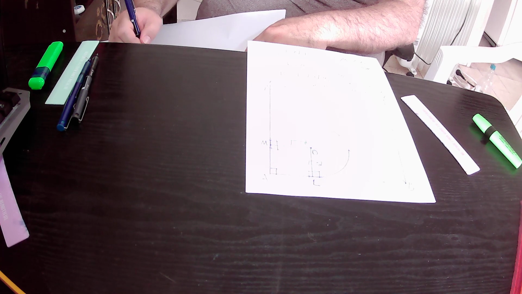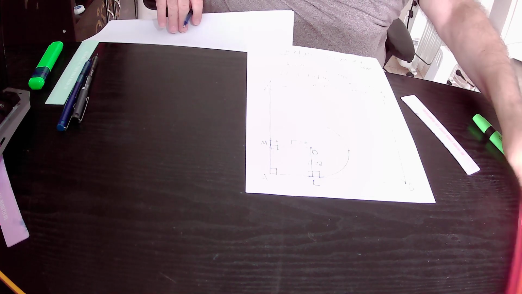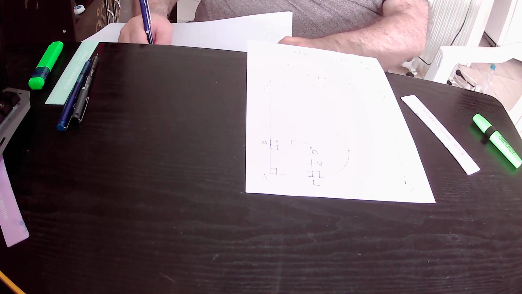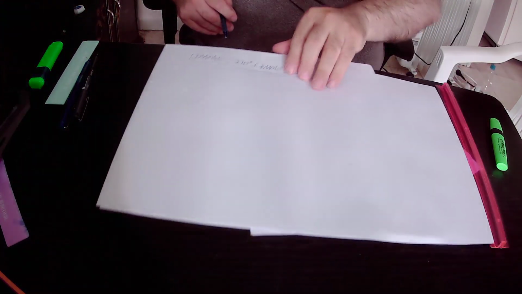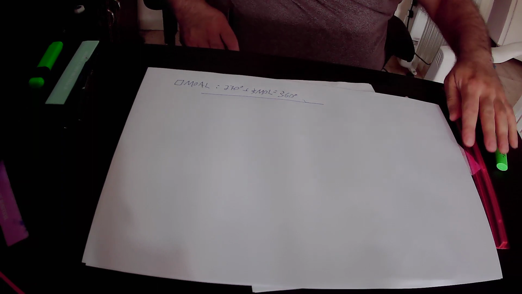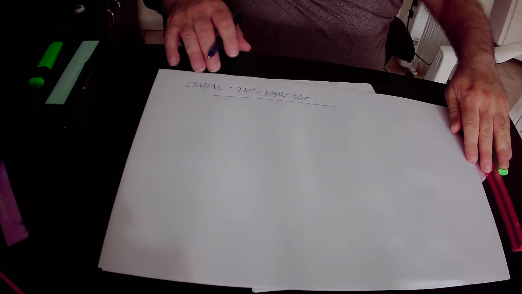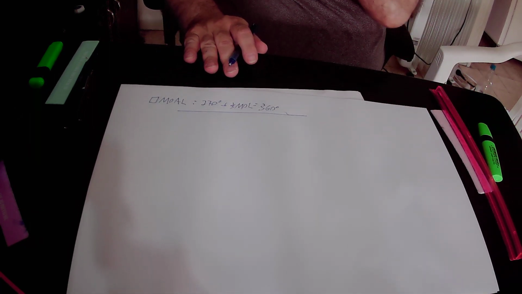In total, the sum of those four angles must be equal to 360 degrees, according to the rule that the sum of the angles in any quadrilateral is equal to 360 degrees. So here we have the equation that the sum of three angles, 270 degrees, plus the size of the fourth angle, angle MOL, must be equal to 360 degrees.